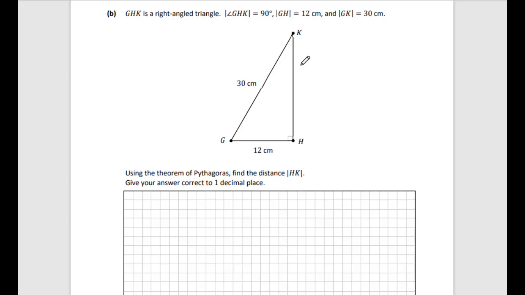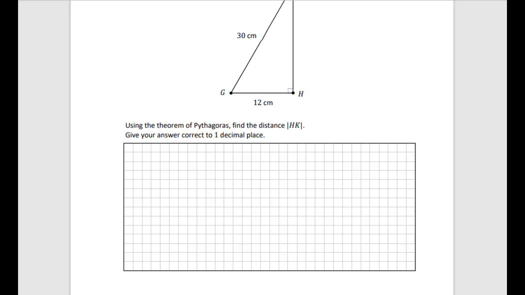GHK is a right angle triangle. The angle at H is 90 degrees down here. GH is 12 and GK is 30. Using the theorem of Pythagoras, find the distance HK. Okay, so again, fairly straightforward. You've got 30 squared is equal to 12 squared plus the distance HK squared. So we have 30 squared minus 12 squared is equal to the distance HK squared.